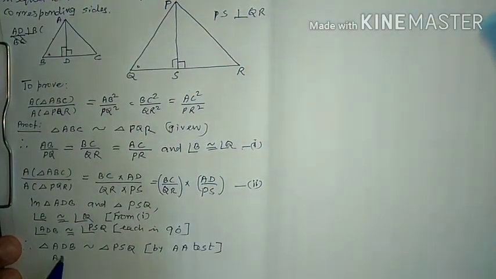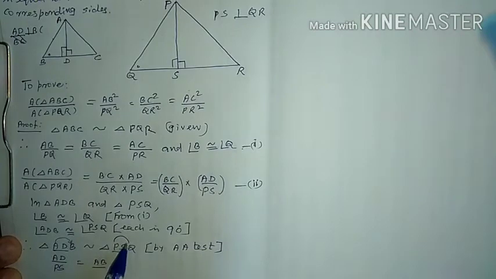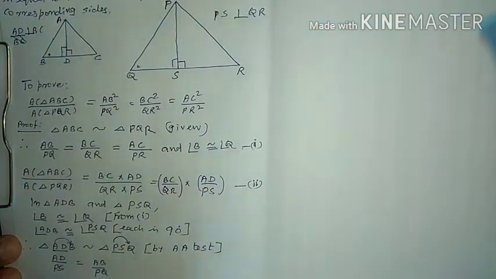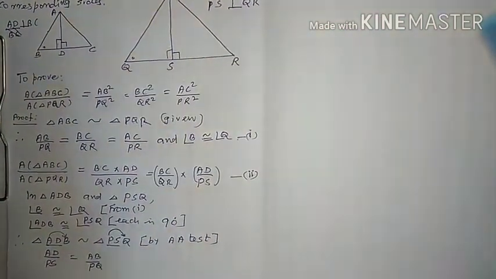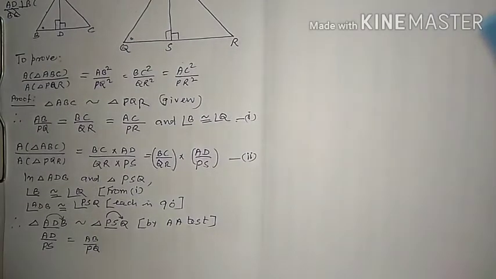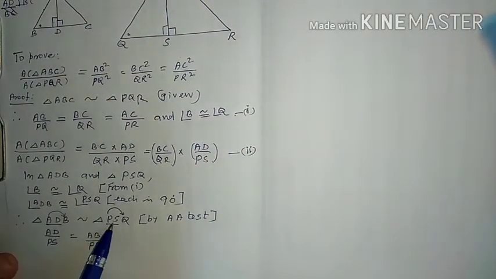If the triangles are similar, what can we say about their corresponding sides? We can say AD upon PS is equal to AB upon PQ. Agreed? The triangles are similar, therefore their corresponding sides are proportional: AD upon PS is equal to AB upon PQ.